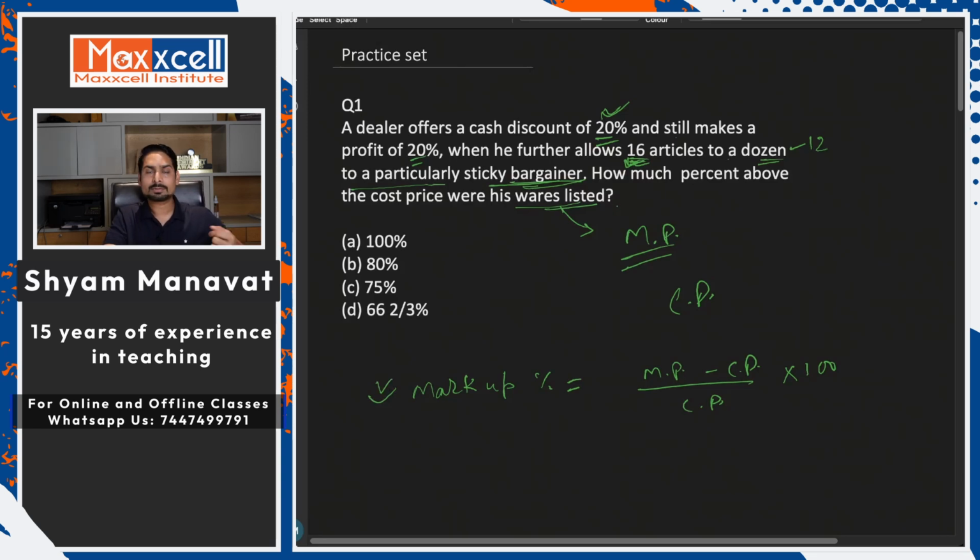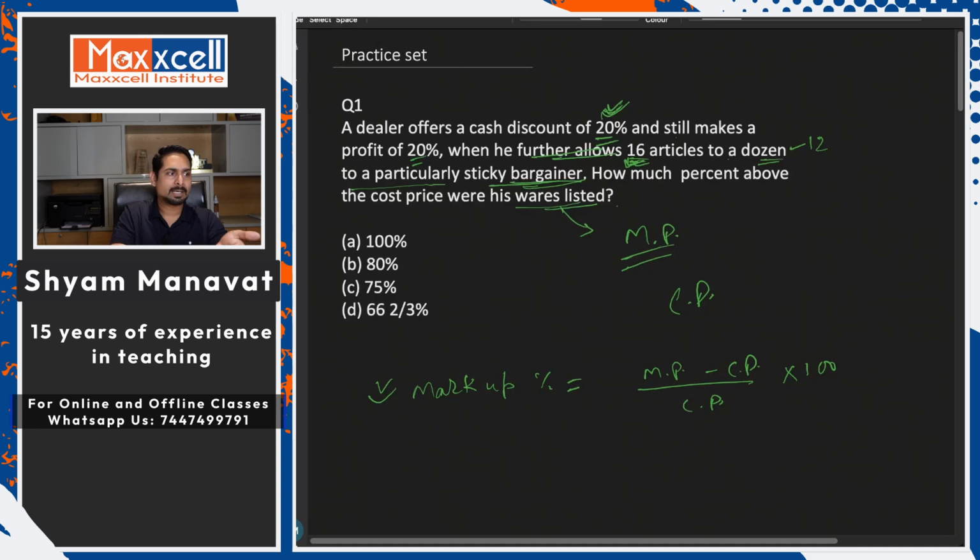Now, do you also see here that the shopkeeper has given 2 discounts? One is 20%, and he further allows another discount, and still he is making a profit of 20%. So isn't it discount after discount?